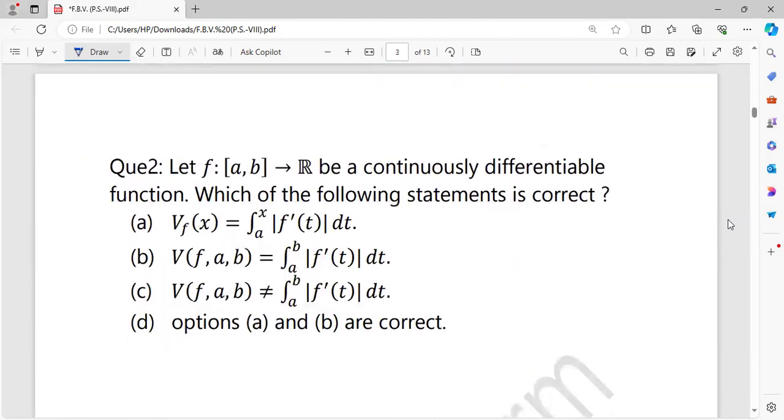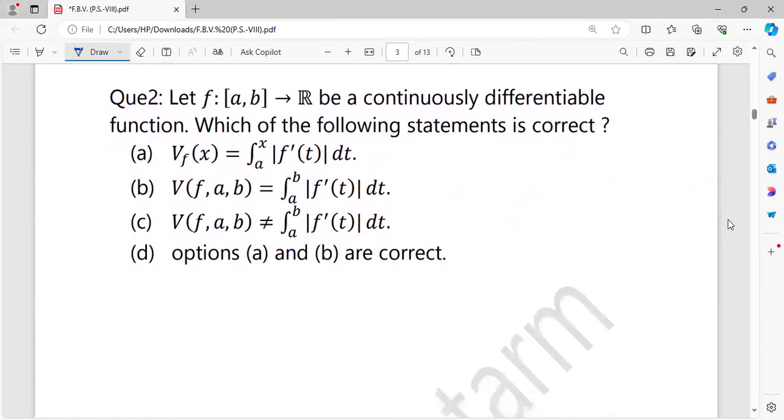Now see this question. Let f be a differentiable function on [a, b]. Which of the following statements is correct?